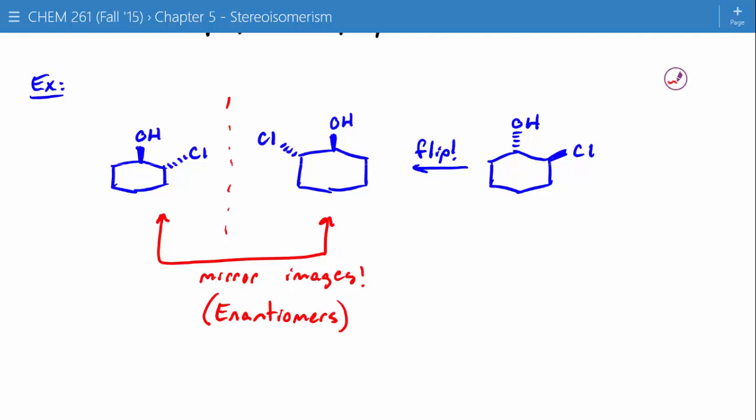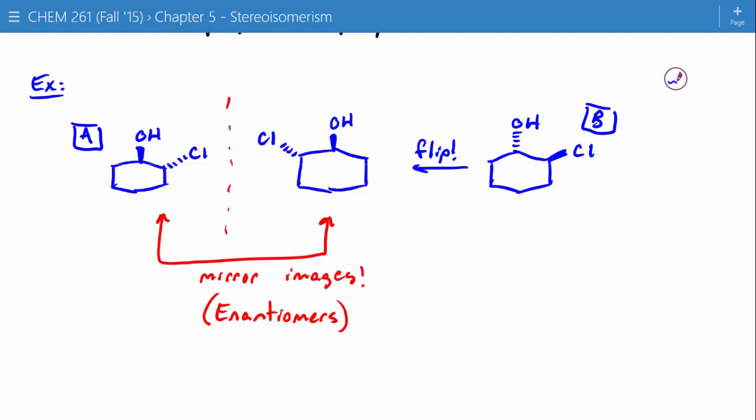So what I was asking you to do is to compare molecule A on the left to molecule B on the right. Are they the same, different? Are they enantiomers or diastereomers? In this case, molecule A and B look the same, but they're different, just like our left hand's different than our right hand.